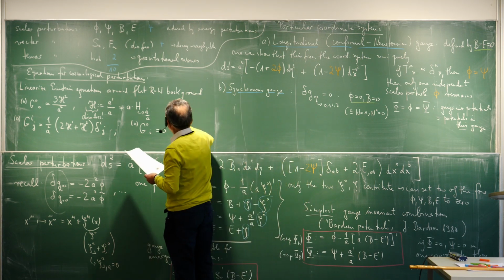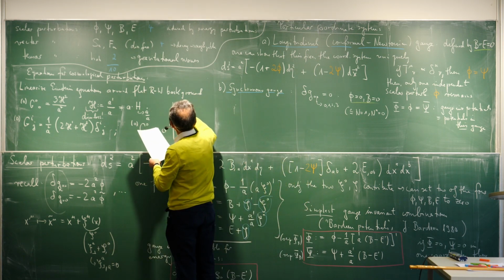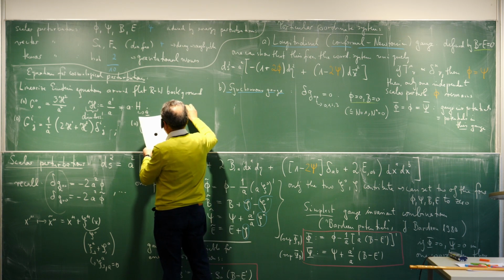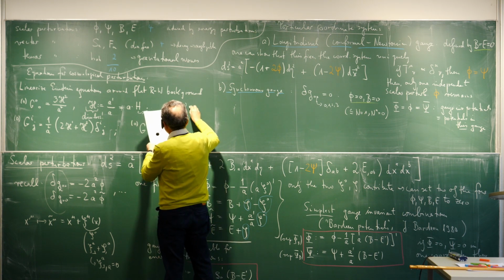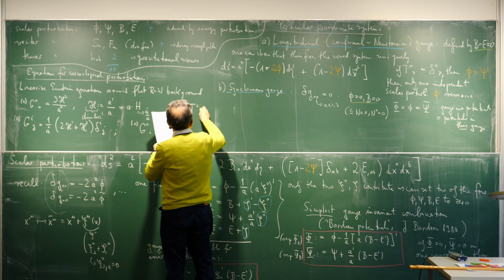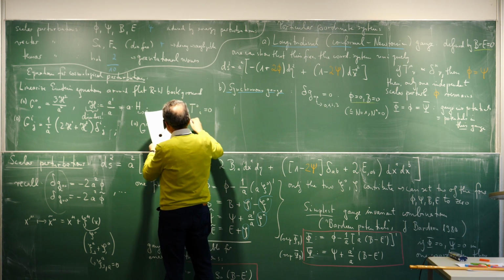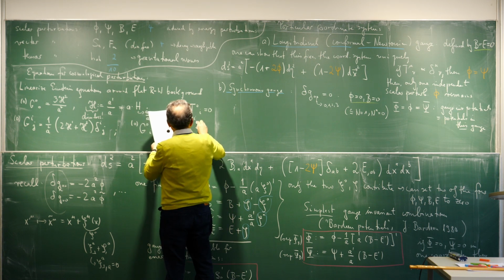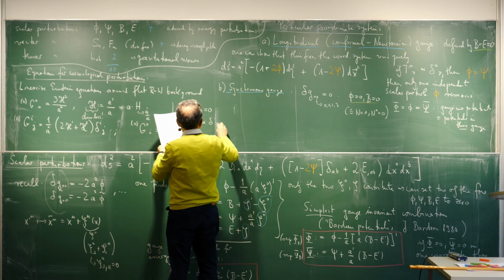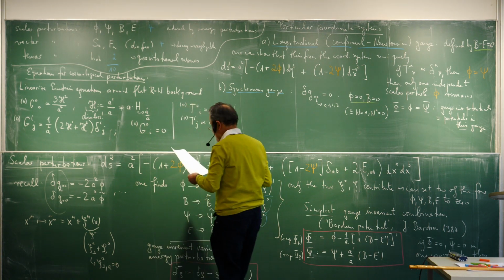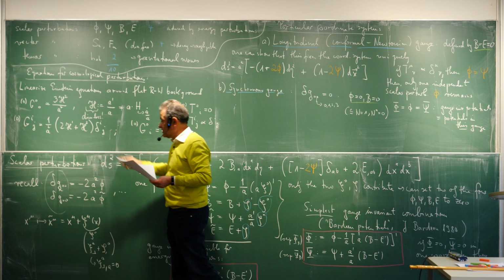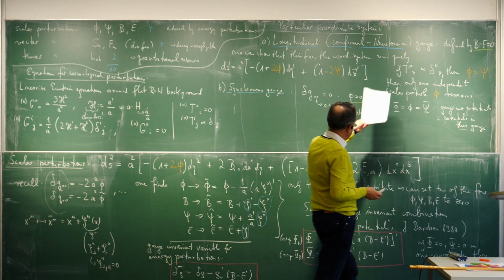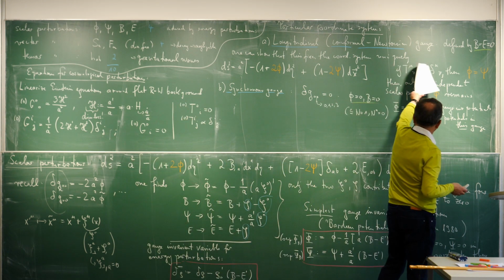You do the same for the right-hand side. We have an ideal fluid, and so T_0i is 0, and T_ij is proportional to delta ij. For consistency, this is fulfilled here.